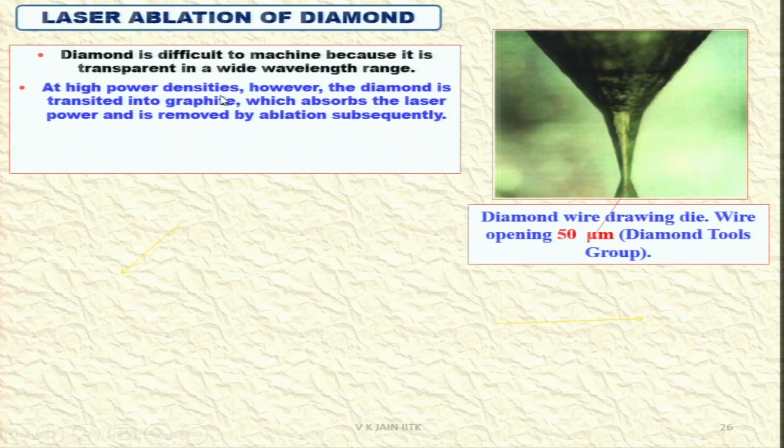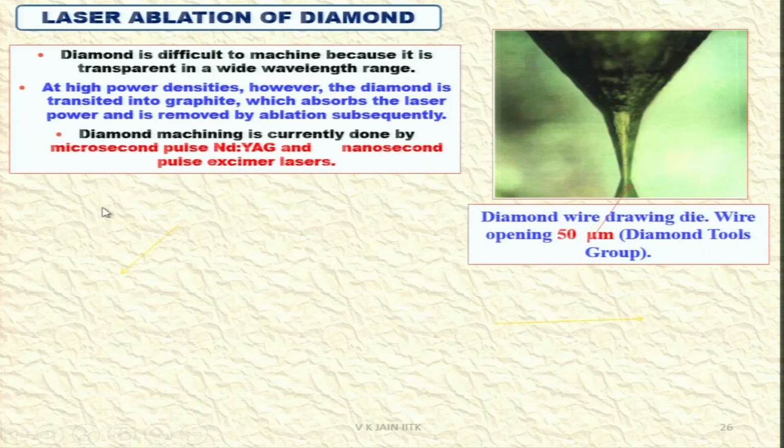At high power densities, however, the diamond is transited into graphite, which absorbs the laser power and is removed by ablation subsequently, because it is very difficult to drill a hole in the diamond. So diamond machining is currently done by microsecond pulse Nd:YAG laser and nanosecond pulse excimer laser.